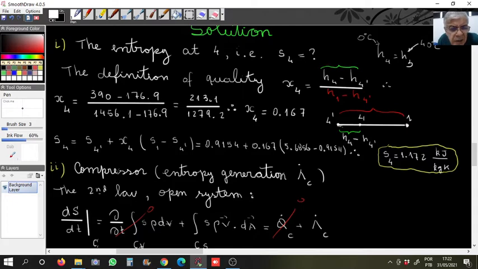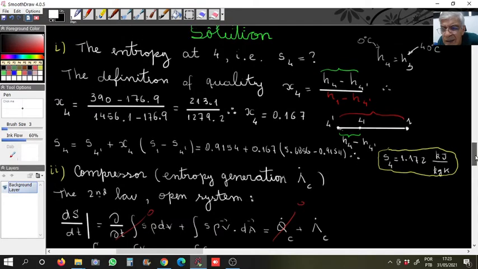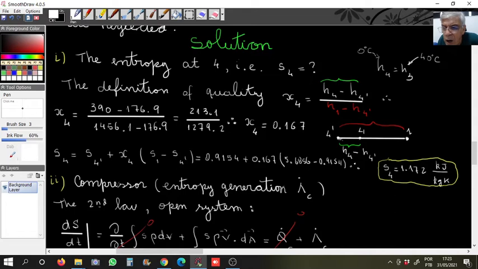And this number here in the table is H1, because state 1 is on the vapor line only, and H4 prime is on the liquid line. So I have these numbers.